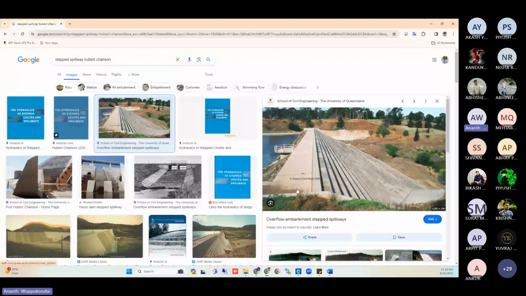There are a lot of experiments being done and a lot of research in this area of hydraulic engineering, where new kinds of spillways are being designed. You can also do computational fluid dynamics modeling. I'm sure you might have heard of CFD models. Have you heard of CFD models?